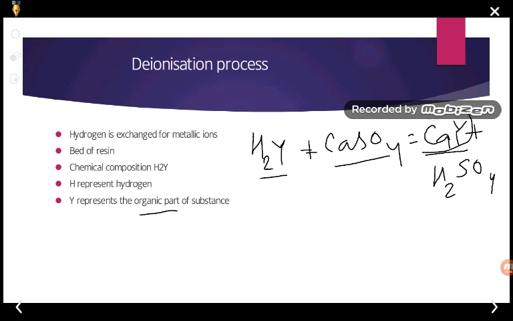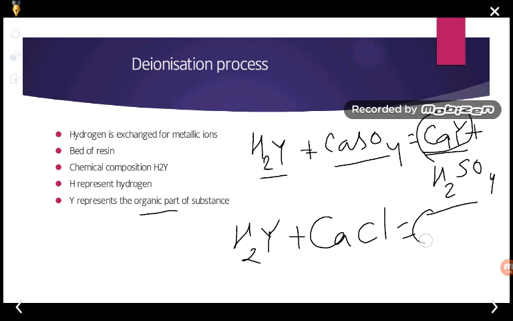So it gives rise to the organic compound and the acid. Similarly, when H2Y reacts with calcium chloride, it gives rise to CaY and HCl. So here, in the first or the second case, you can see that the acids are formed and the hardness is removed.